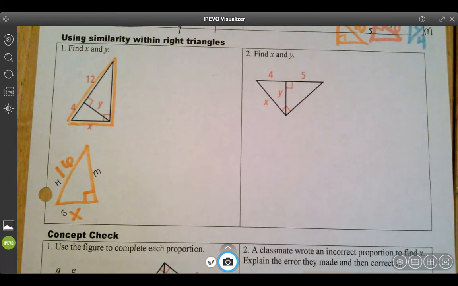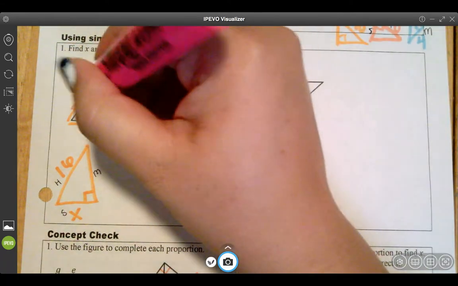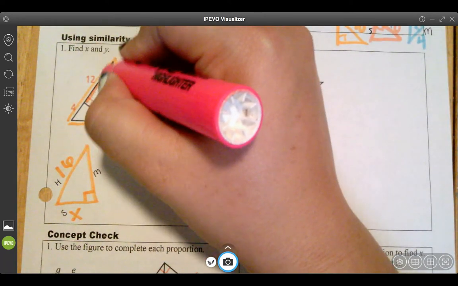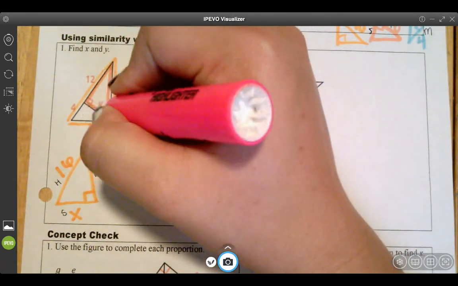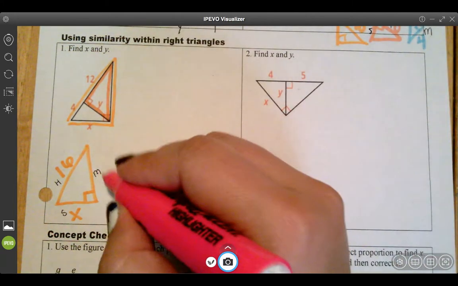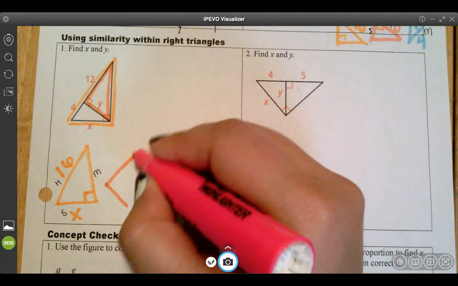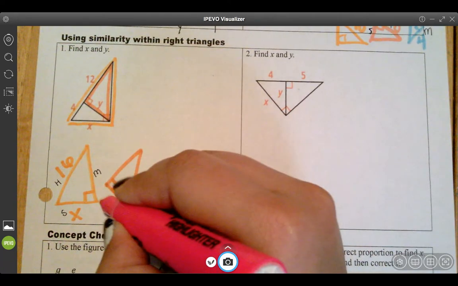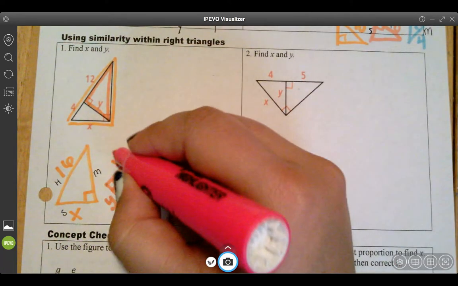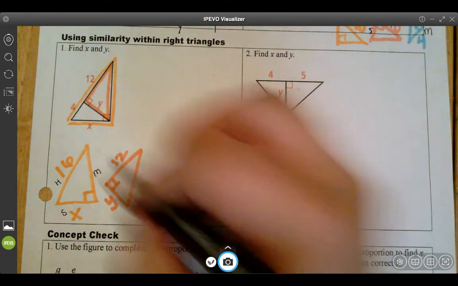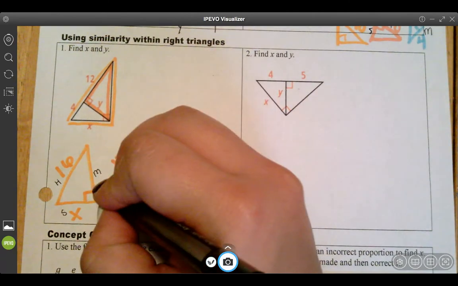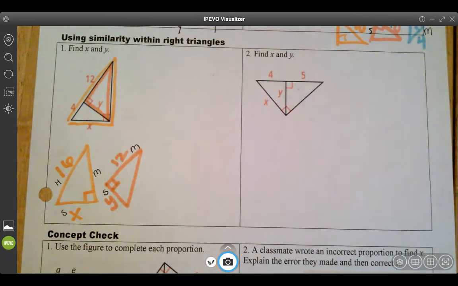And then we have our medium triangle here. Medium triangle tells me that the leg that they share will be the small leg. So y and 12. So this is the one that they share is small. The other one is medium.